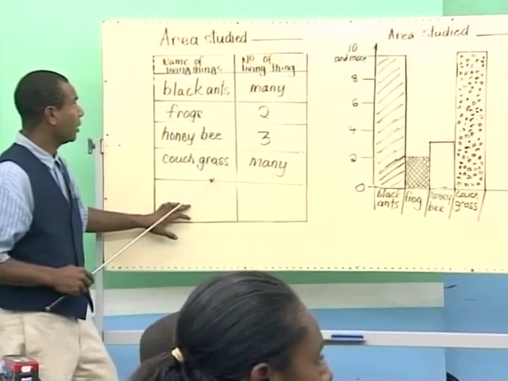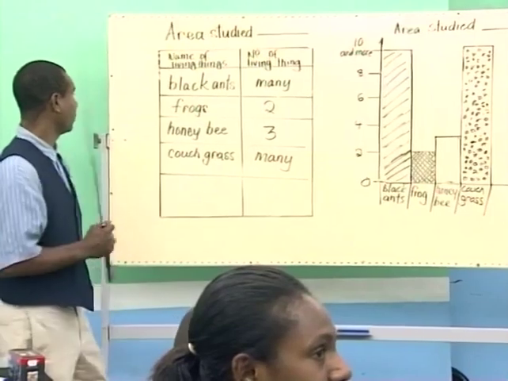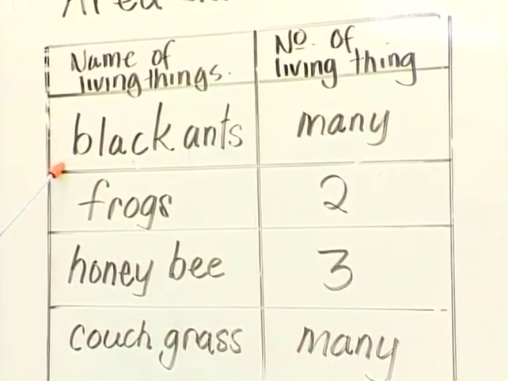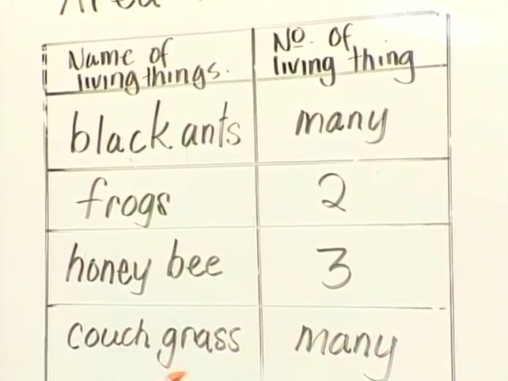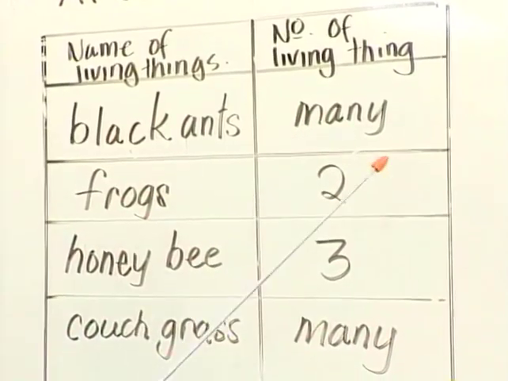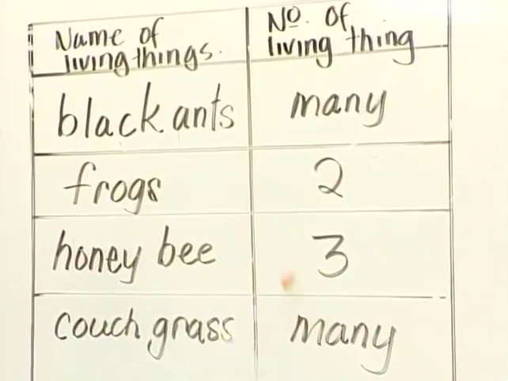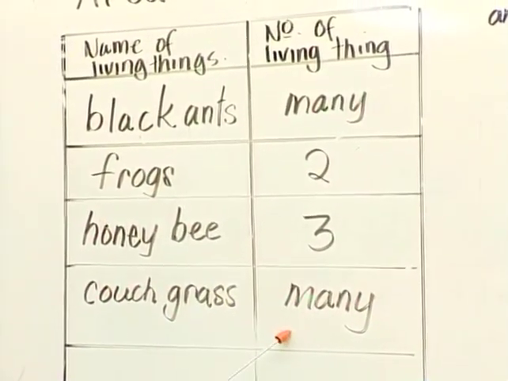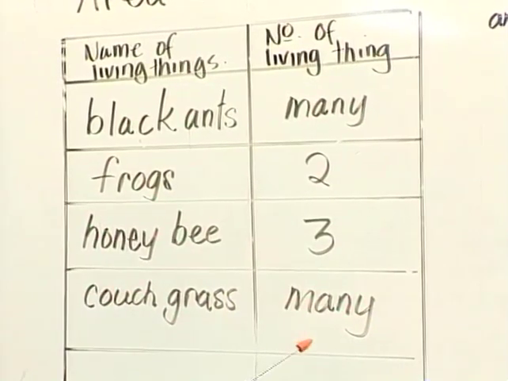We have about 4 living things: the first organism is black ants, then frogs, honeybee, and couch grass. On the right-hand column, the number of living things, we have many, 2, 3, and many. This is an example.